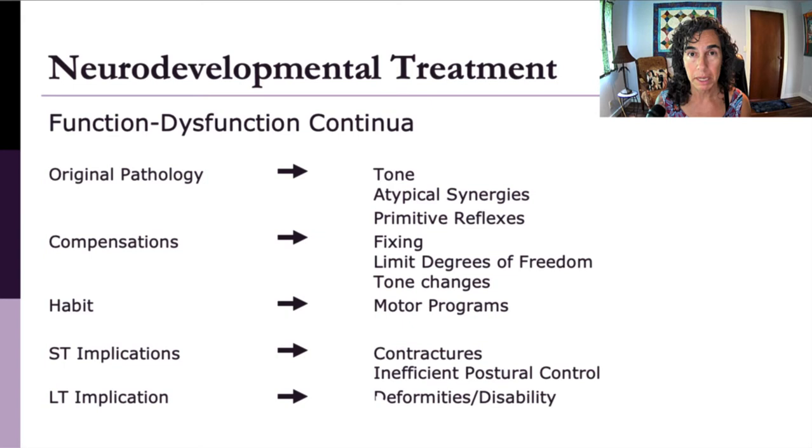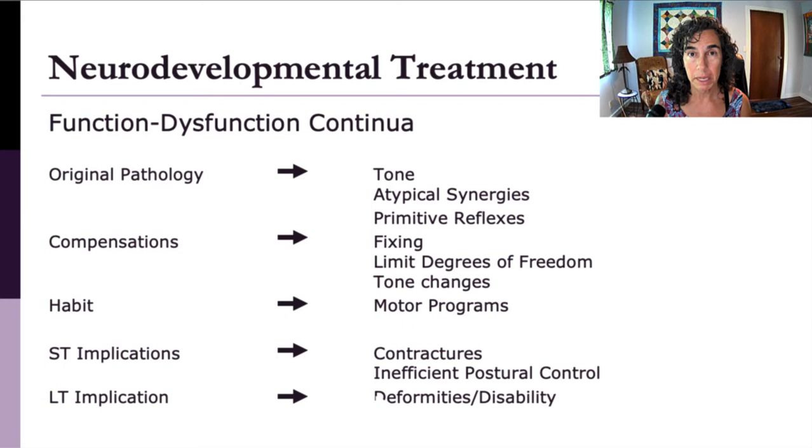So here's the breakdown. The original pathology, let's say CP, results in atypical tone, synergies, primitive reflexes, and then the child compensates for this original pathology by fixing. That's like when a child locks their knees if they don't have sufficient strength or coordination to remain standing.